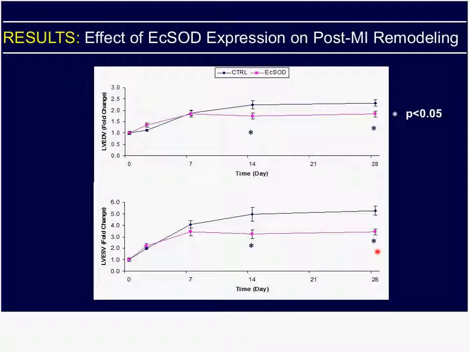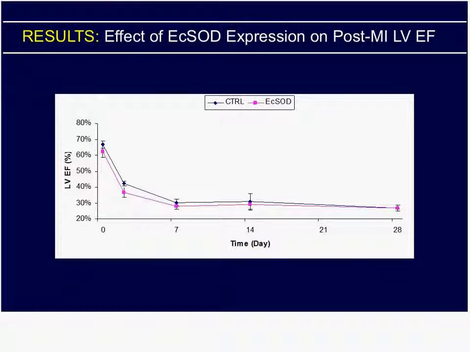Because changes are proportional, there's really nothing to be seen from ejection fraction. And I think this is an important point, that if one just stops the analysis at ejection fraction, they may miss quite a bit.